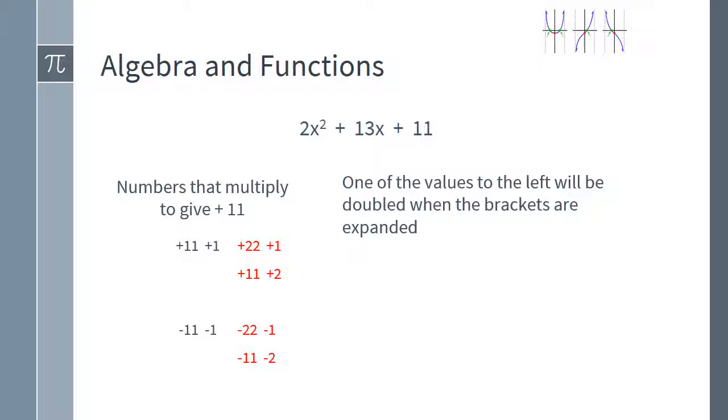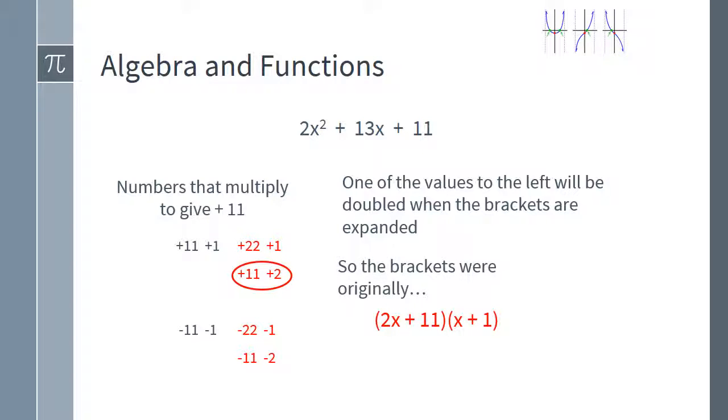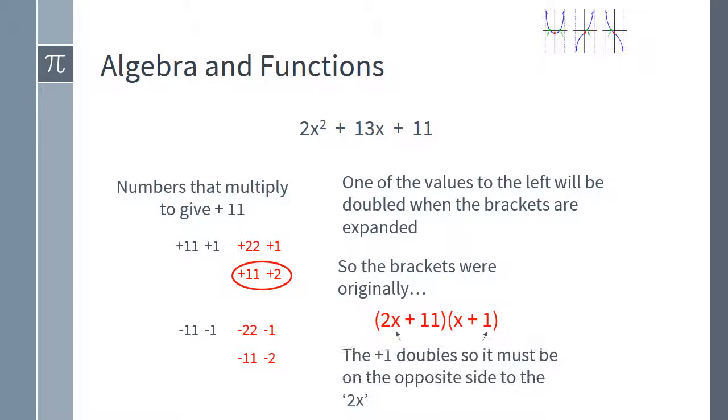Which ones of those makes 13? The plus 11 and the plus 2. So the brackets are something plus 11, something plus 2. Whichever one is the one you want doubled is the one you want in the opposite bracket to the 2x. So it'll be 2x plus 11, x plus 1. The 1 is doubled, so it must be opposite the 2x.